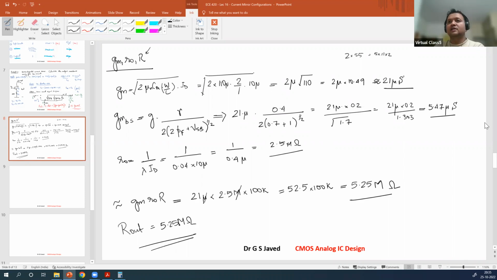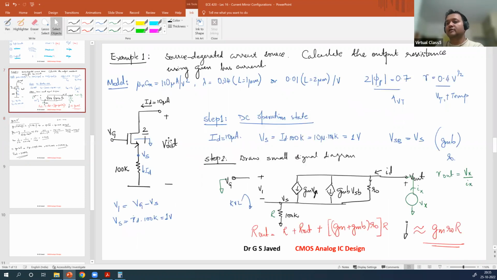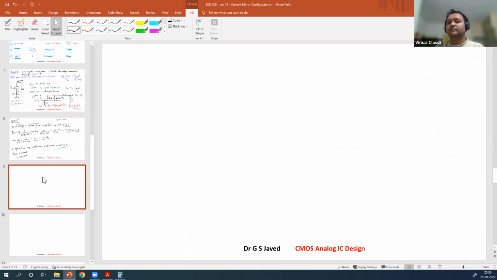Now, in the same circuit, right? In the same circuit, let us find out what is the minimum voltage as an extension. We found what is R out. Let us find out what is V out min. So how do you find out V out min?